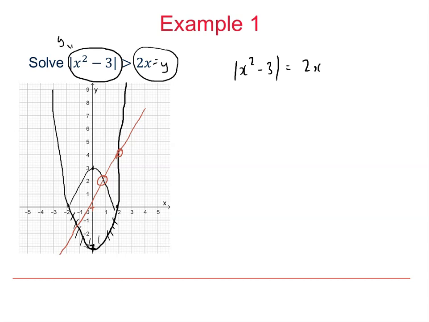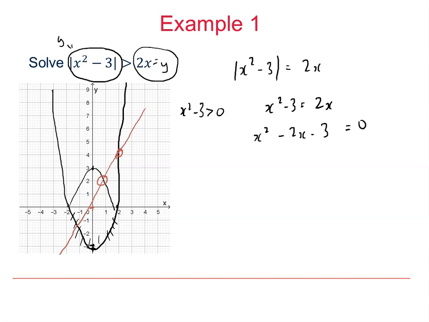Now there are two parts to this. One where x squared minus 3 is greater than 0. So when x squared minus 3 is greater than 0, we can say that x squared minus 3 is equal to 2x. That will give us x squared minus 2x minus 3 is equal to 0.